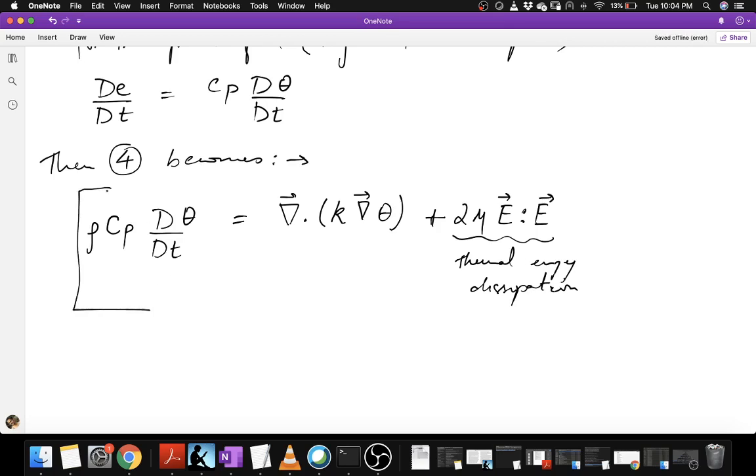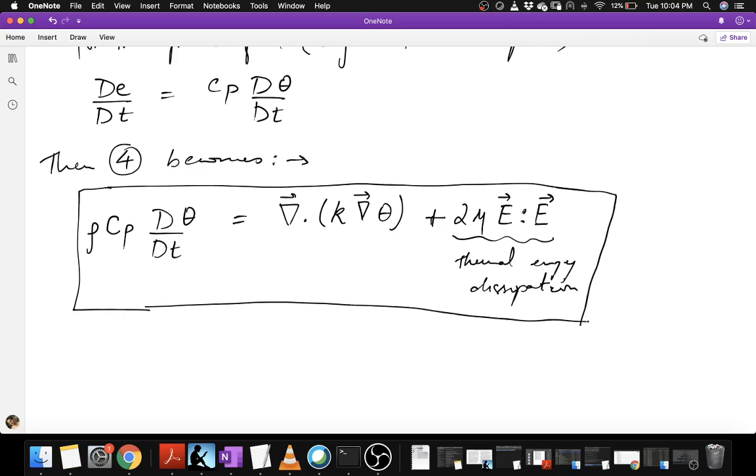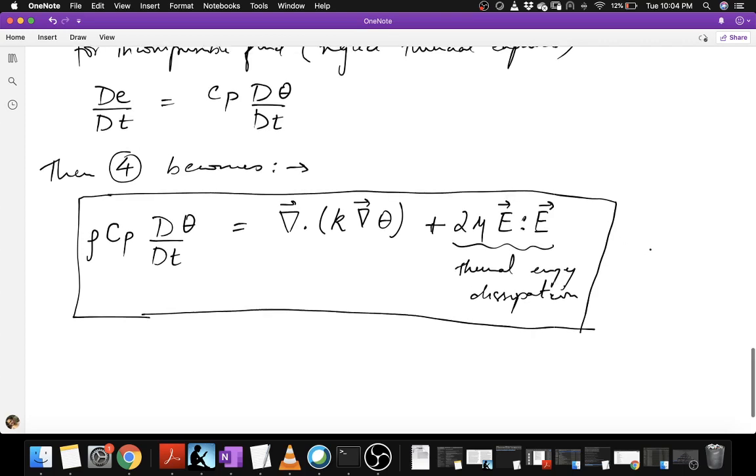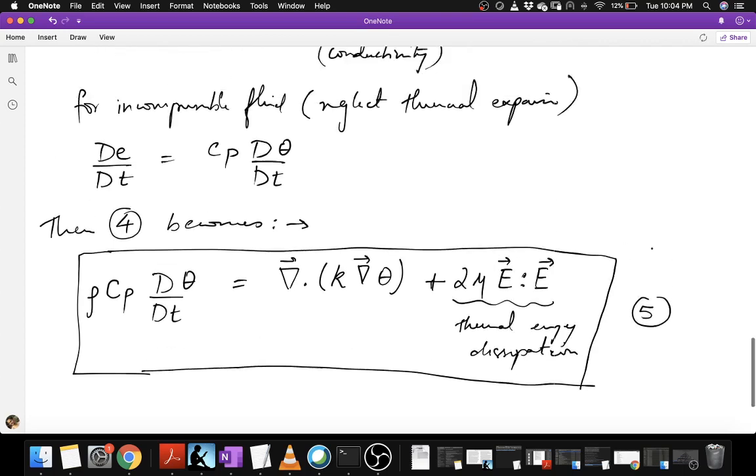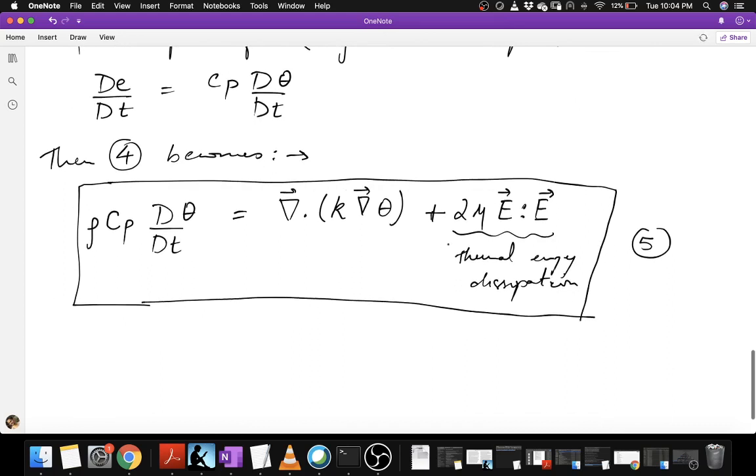So this is the form that our temperature equation arising from the energy balance takes, which we can call 5. And you see here I've left the conductivity inside the divergence, allowing it to be a function of space. If it were truly a constant, we could write it as k times the Laplacian of temperature.